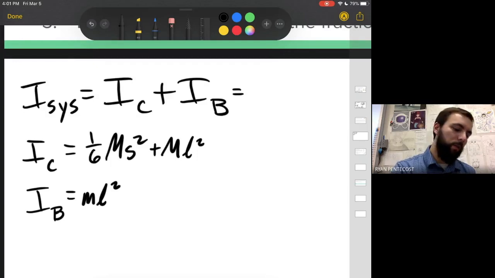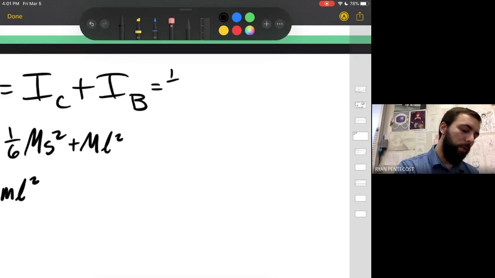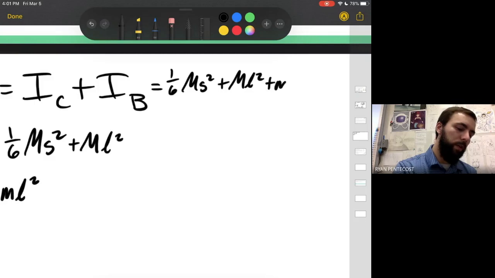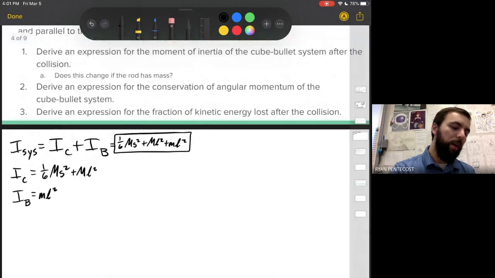So that means our total moment of inertia for the system will be 1/6 big M S squared plus big M L squared plus little m L squared. So that is the expression for the moment of inertia of the cube-bullet system after the collision.